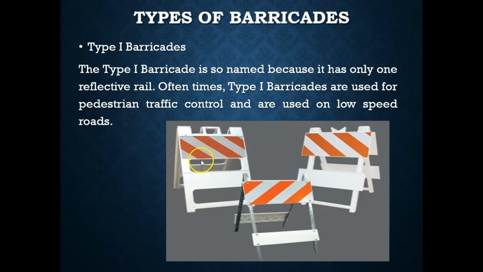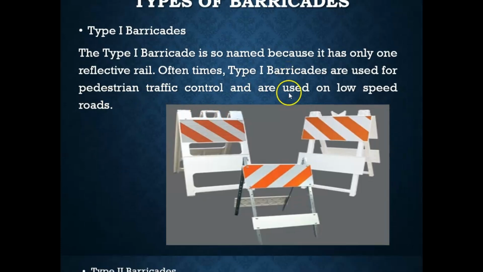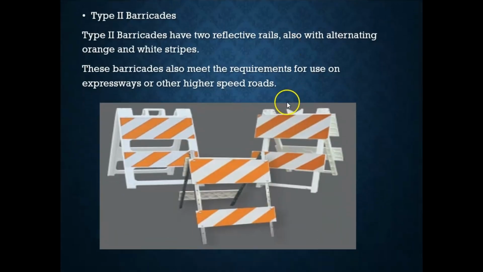Often type 1 barricades are used for pedestrian traffic control and are used on low speed roads. The only time you will see a type 1 barricade is on low speed roads, majorly used to control pedestrian traffic. That is what the type 1 barricade is majorly used for. We move to the type 2 barricade.